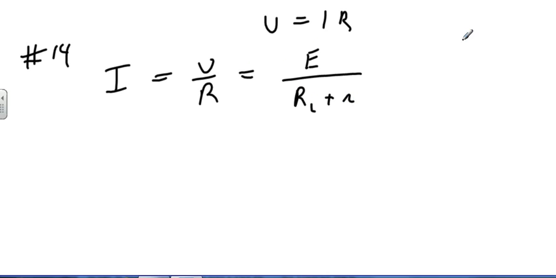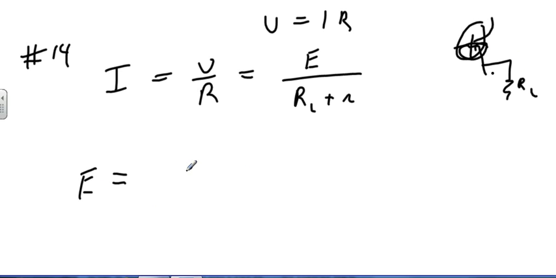So this would be a case where you had a transistor, and little r is sitting up here, and I've got some load resistor sitting out there, and I'm adding them together. Okay, we don't care about that. What we care about is we have to solve for E.